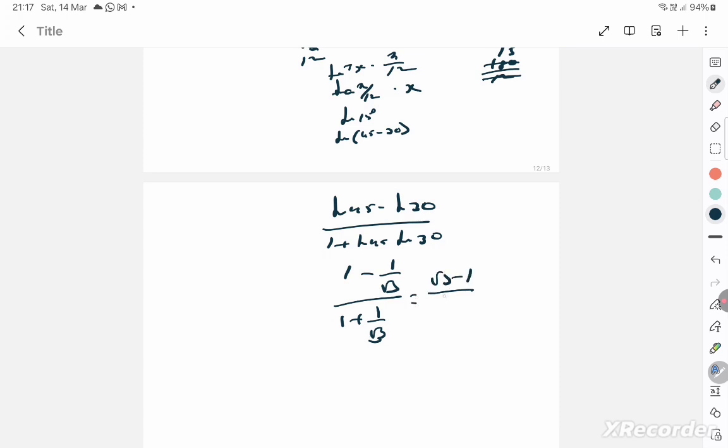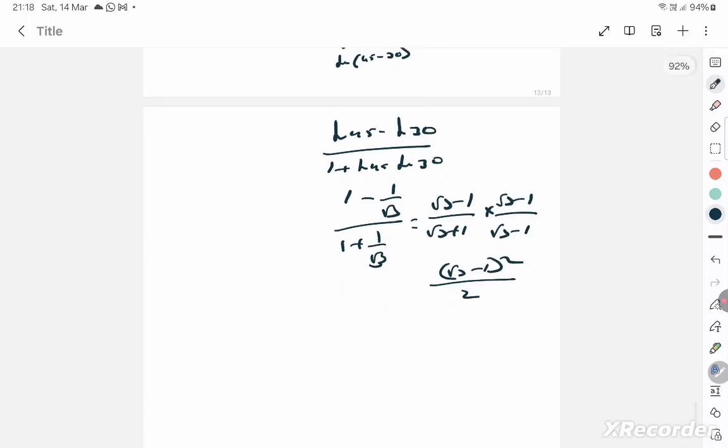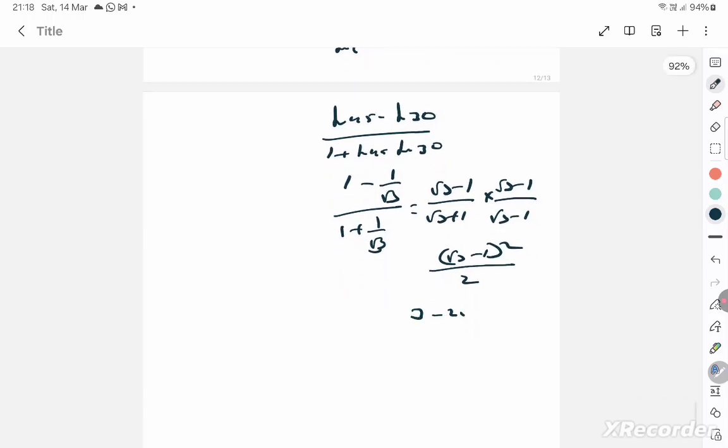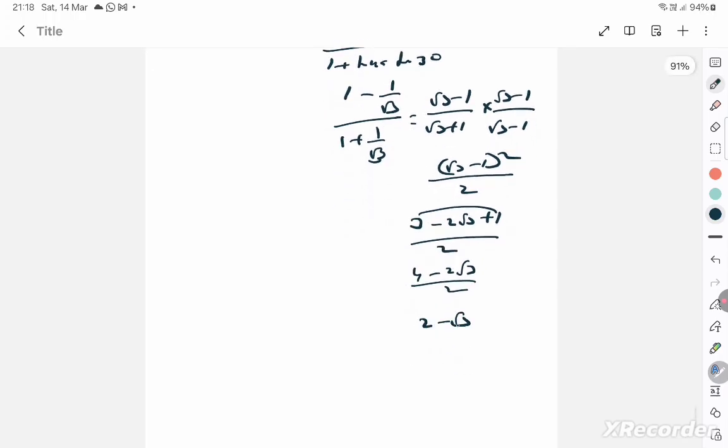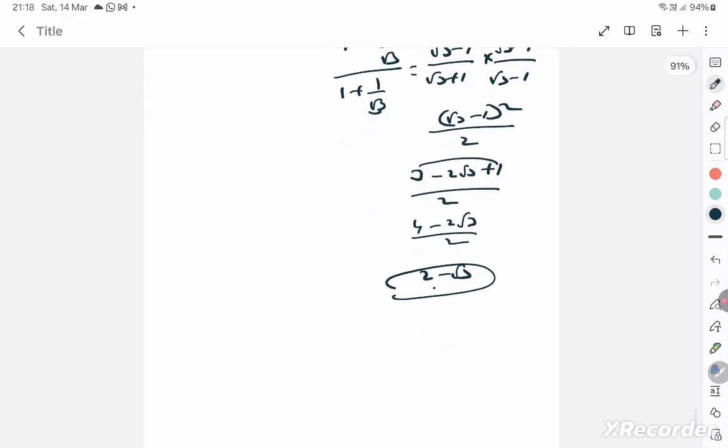So it's root 3 minus 1 by root 3 plus 1. Of course, you can also rationalize. When you rationalize, the denominator becomes 2 and the numerator becomes root 3 minus 1 the whole square. On expanding, it's 3 minus 2 root 3 plus 1 by 2, which is 4 minus 2 root 3 by 2. So I can write it as 2 minus root 3. And that's the answer for the 8th question.